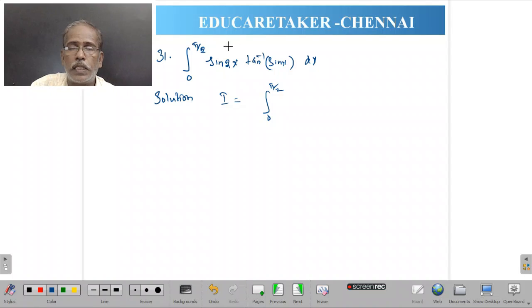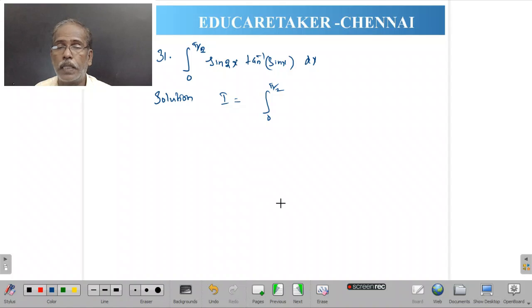There is no change in sin 2x; sin 2x is going to be sin 2x. Then using the property, when we add the two results, sin 2x into tan inverse of sin x plus tan inverse of cos x will come.